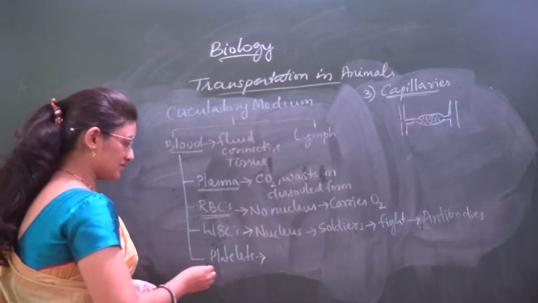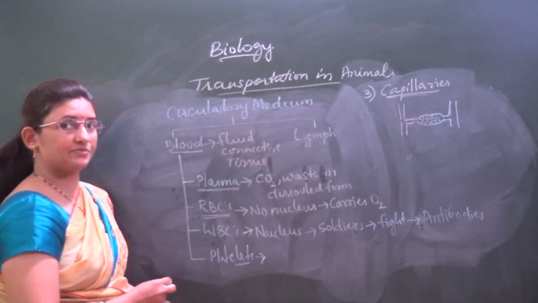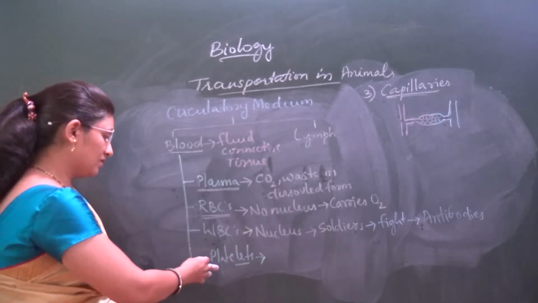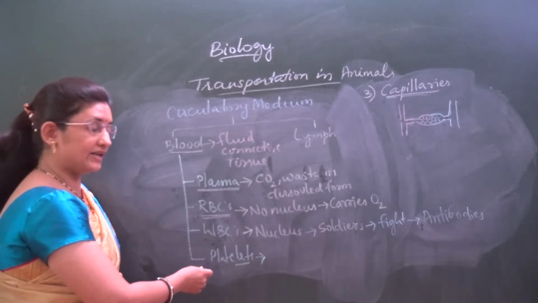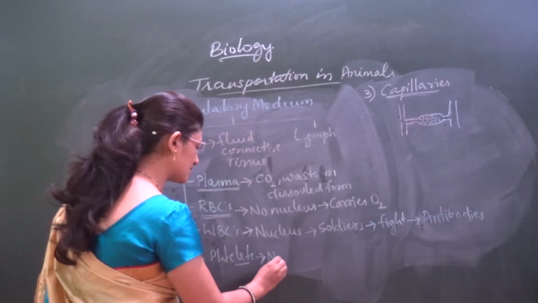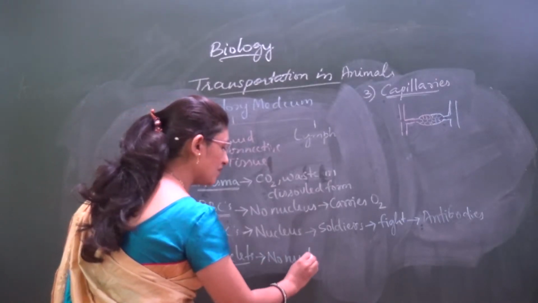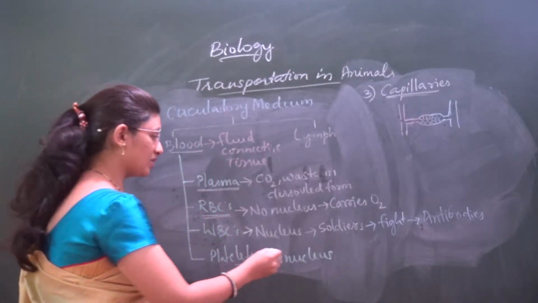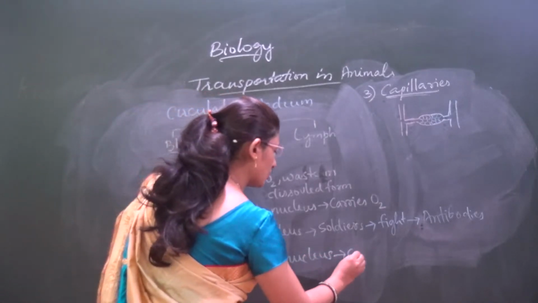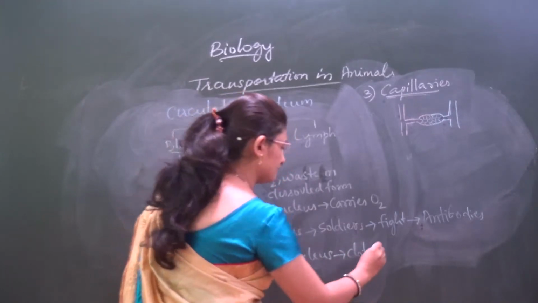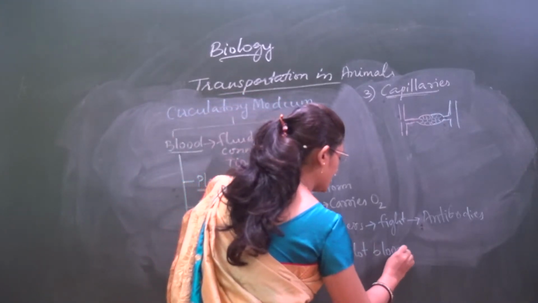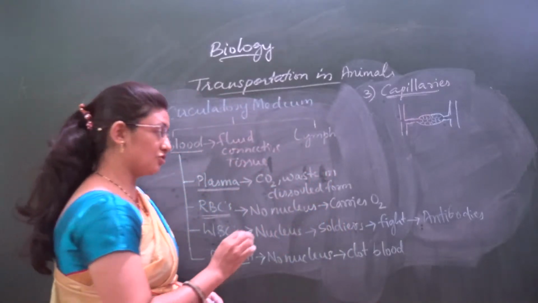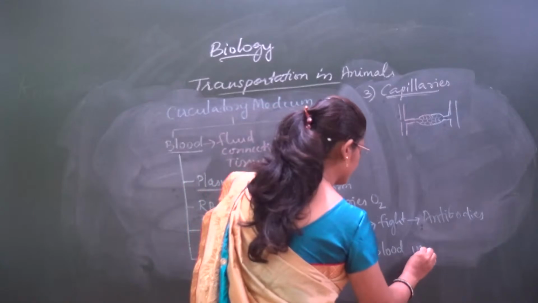The last one is the platelets. What are these platelets? Platelets are minute fragments of the blood cells, and these platelets also do not consist of the nucleus, and they are most important. Why? Because they help to clot the blood. If you are just mentioning clot the blood, that is not sufficient. You should mention at the site of injury.